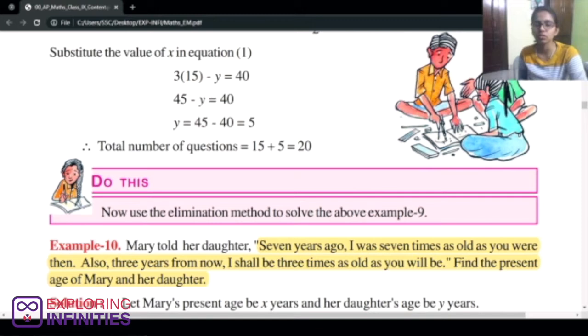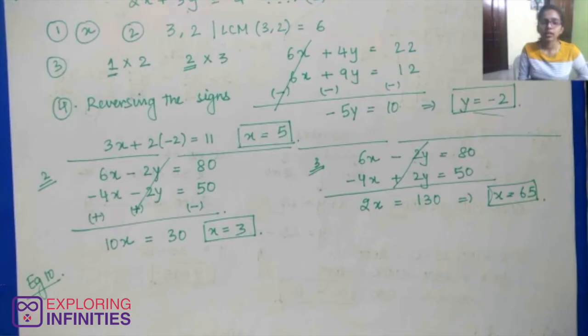Whenever such kind of age question comes, it's actually a very favorite question among the examiners. Whenever such a question comes, you look at the situation. They are asking you to find the present age of Mary and her daughter. The simplest case is you take the present age, probably Mary's age to be x and her daughter's age to be y. Okay, let's write down whatever we have till now.